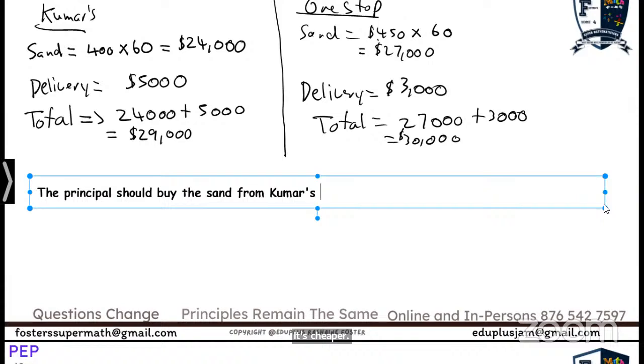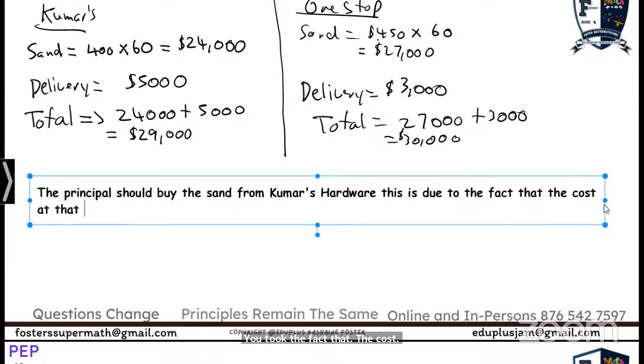So the principal should buy the sand from Kumar's hardware. This is due to the fact that the cost at that hardware is cheaper. All right, perfect.